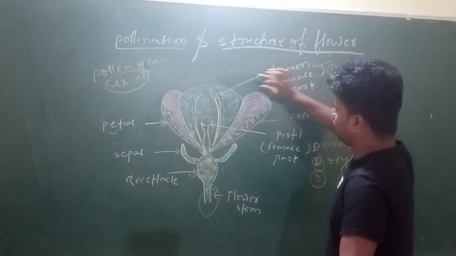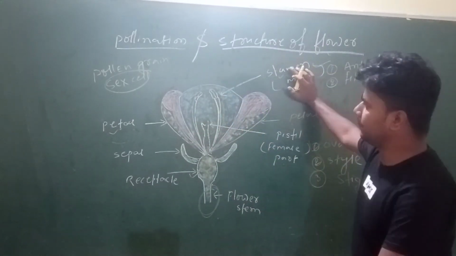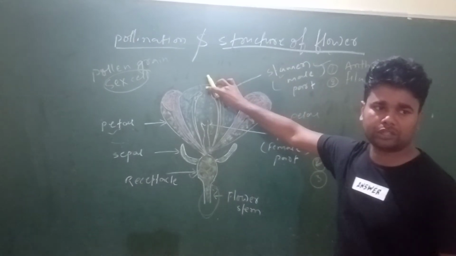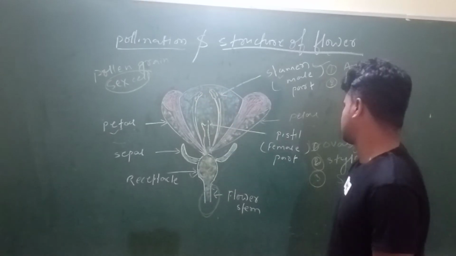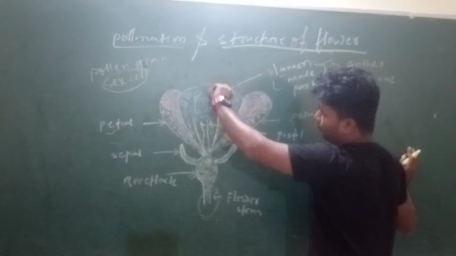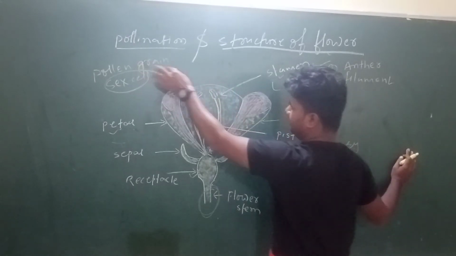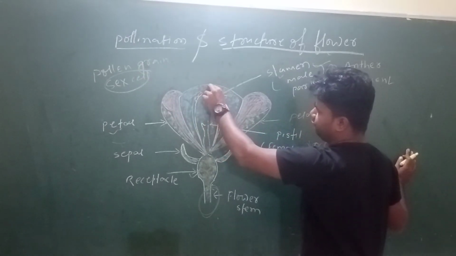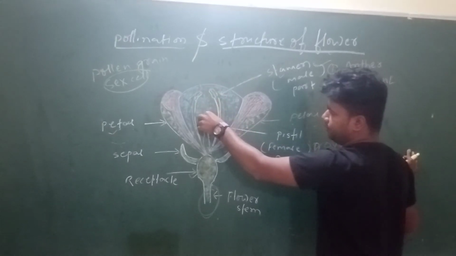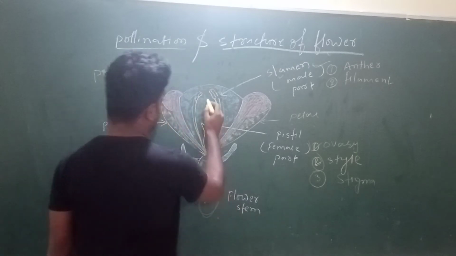Now, when the pollen grains from the anther of the male part come to the stigma of the female part, it is known as pollination.